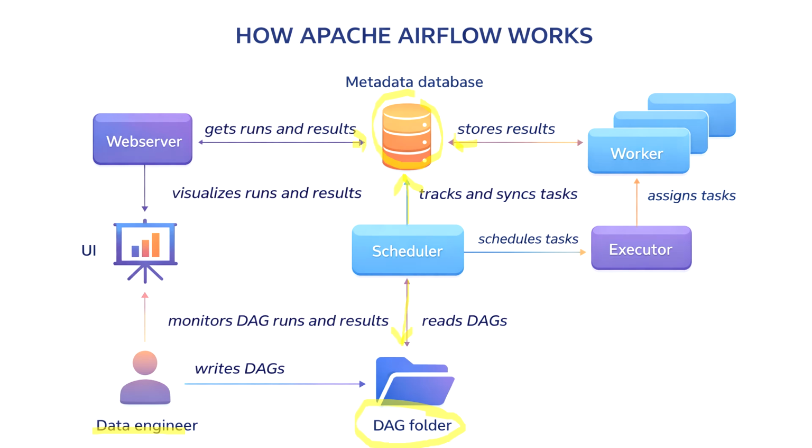And then we come to the executor. The scheduler sends runnable tasks to the executor once it checks the DAG folder. Once everything is checked, it sends the runnable tasks to the executor.